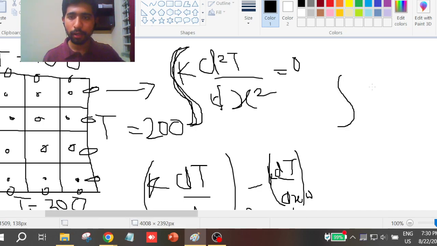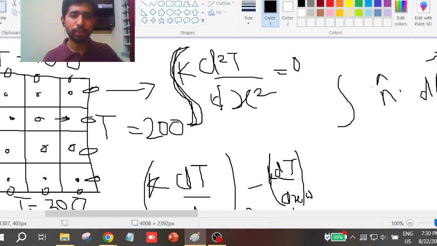You have to remember it's the dot product. I told you there is something called n cap dot dA vector. When you take dt by dx, it is the flux in the x direction, and the normal for the east face will be pointing in the x direction, so it will be i cap dot i cap, which is 1.